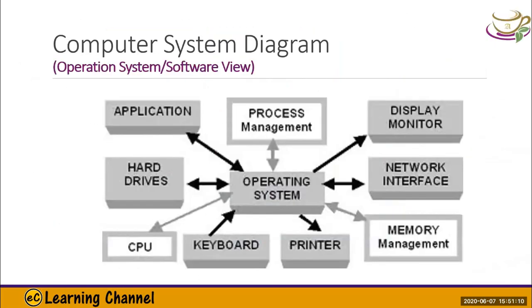One important thing AP may test is what an operating system is. An operating system is basically a system that manages everything about the computer. All of the resources in the computer are managed by the operating system.